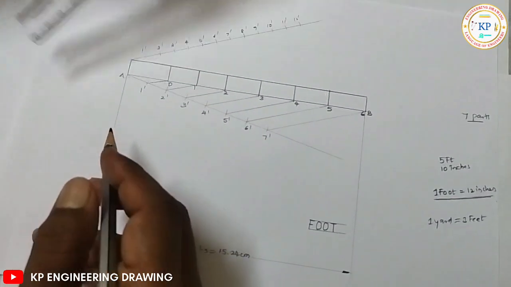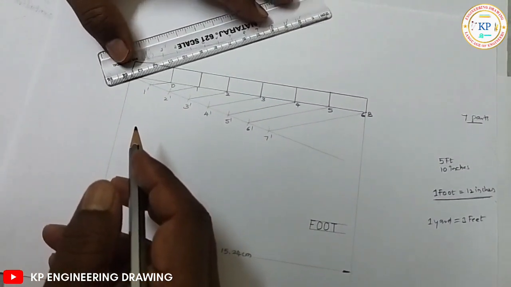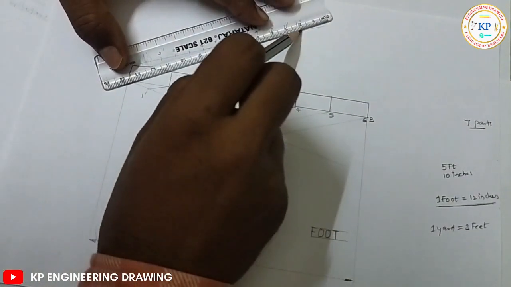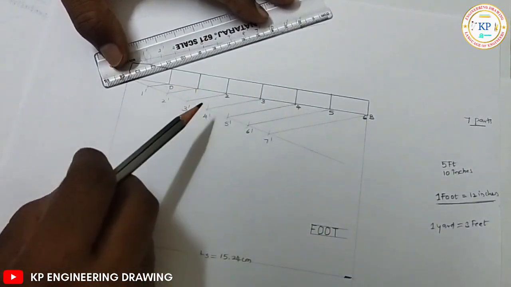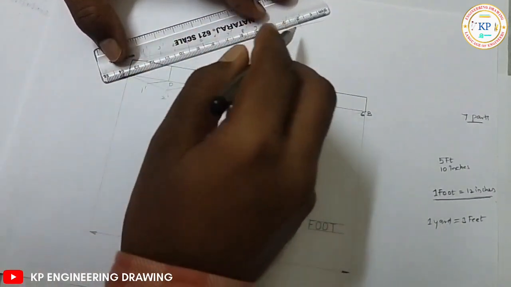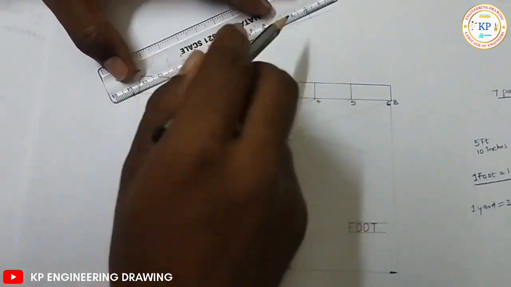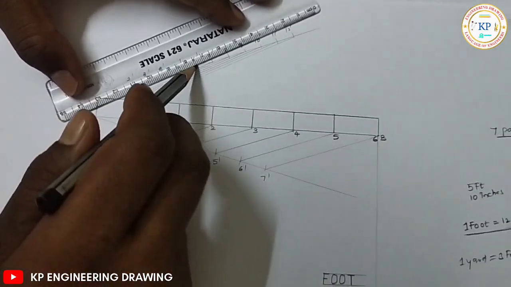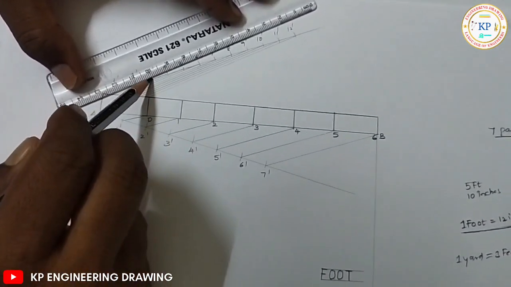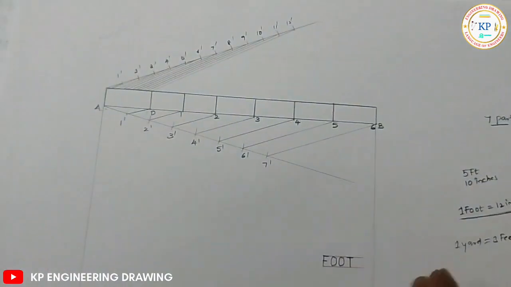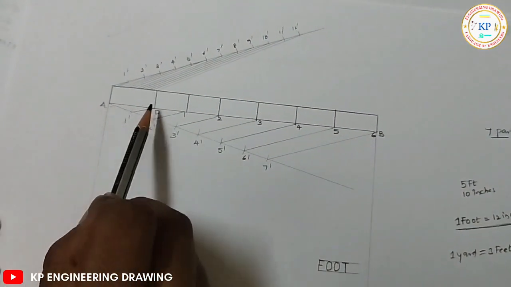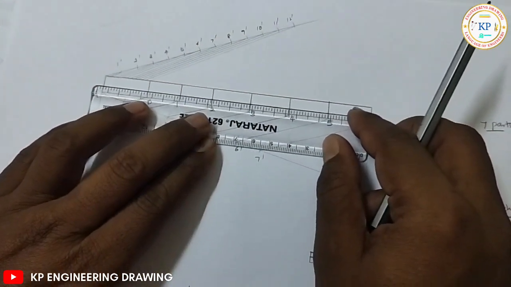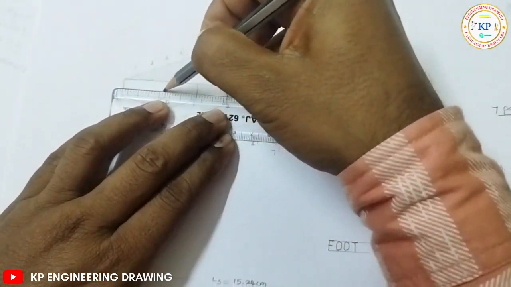So now the same procedure: join 12 dash and 0. You draw a line, fix your drafter, move to the next point. So we have divided this into 12 equal parts. Now you draw a line in the middle.